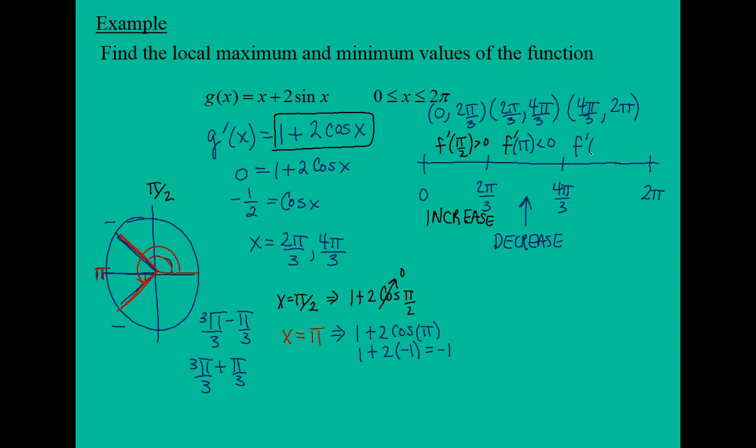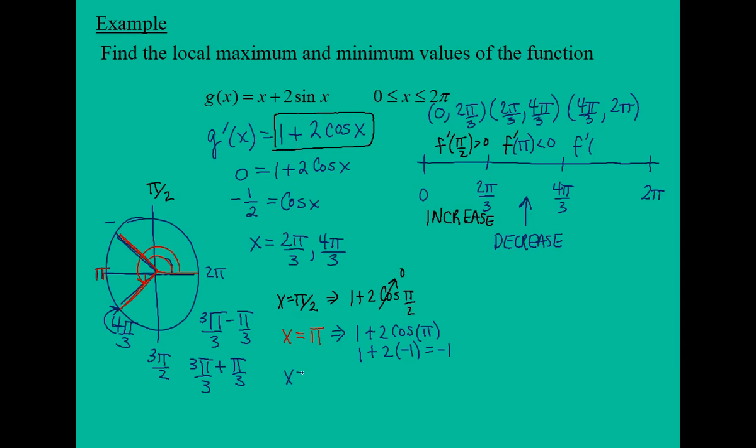Let's look for a value between 4 pi by 3 and 2 pi. Now, if this is 4 pi by 3 here, this angle here, and here is 2 pi, let's choose 3 pi by 2.